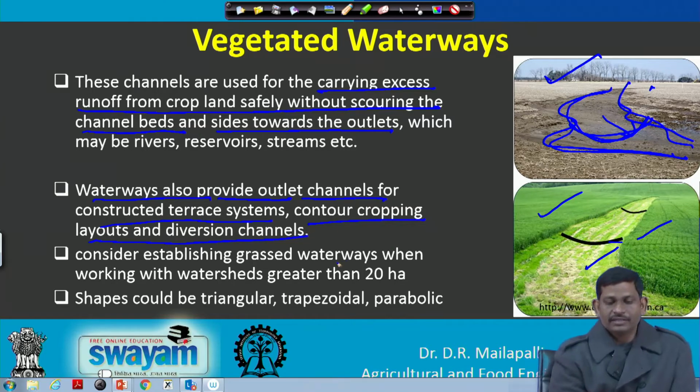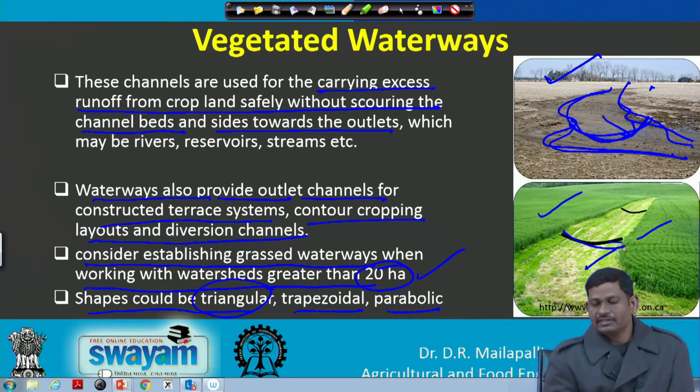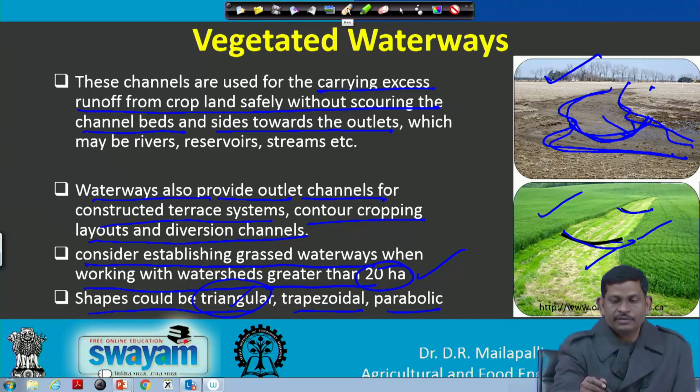So, we can still use the vegetative waterways with the soil measuring structures we talked about previously. Consider establishing graded waterways when working with watersheds greater than 20 hectares. The shapes could be triangular, trapezoidal or parabolic. This one is kind of parabolic, but we also have triangular and trapezoidal waterway shapes.